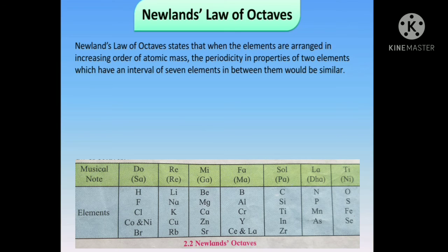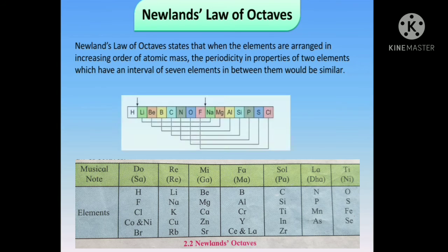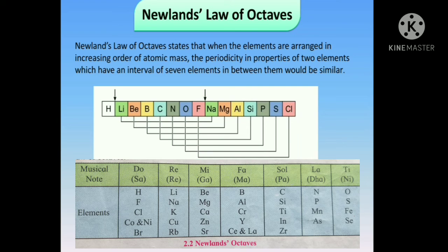Then comes the Sa of the upper Saptak at double the frequency of the original Sa. It means that notes repeat after completion of one Saptak. The 7 notes in Western music are Do, Re, Mi, Fa, So, La, Ti.